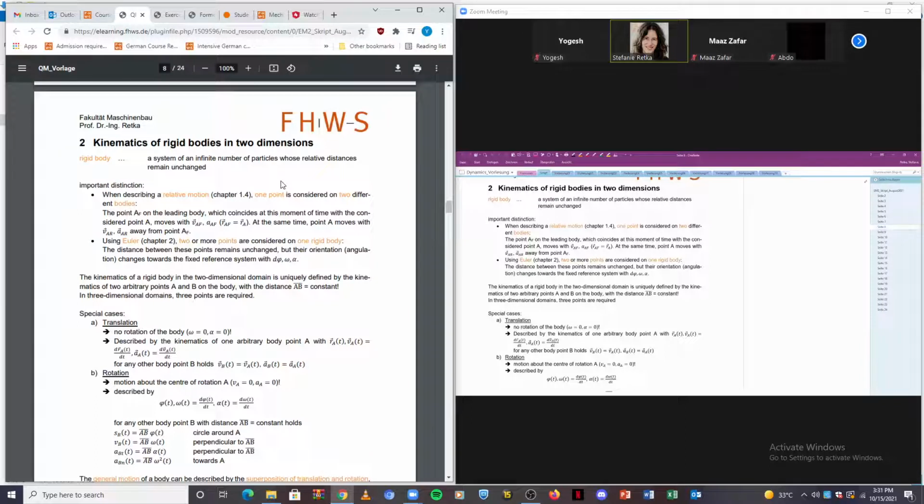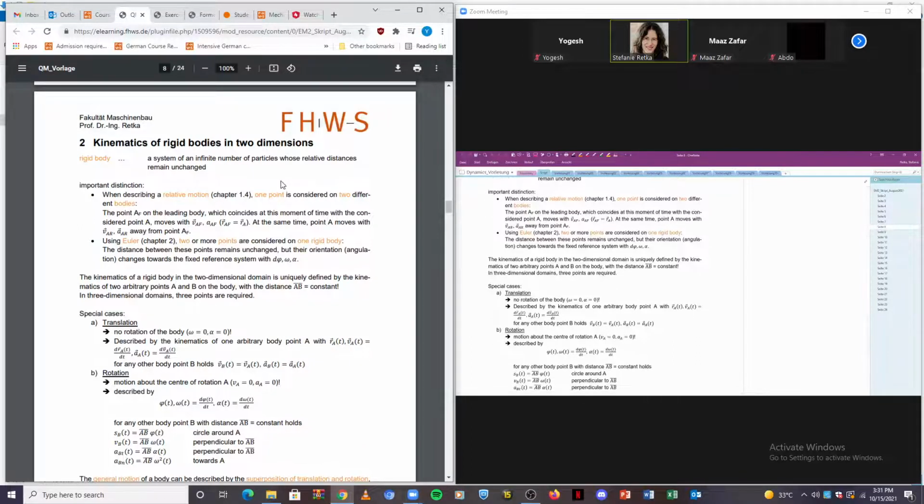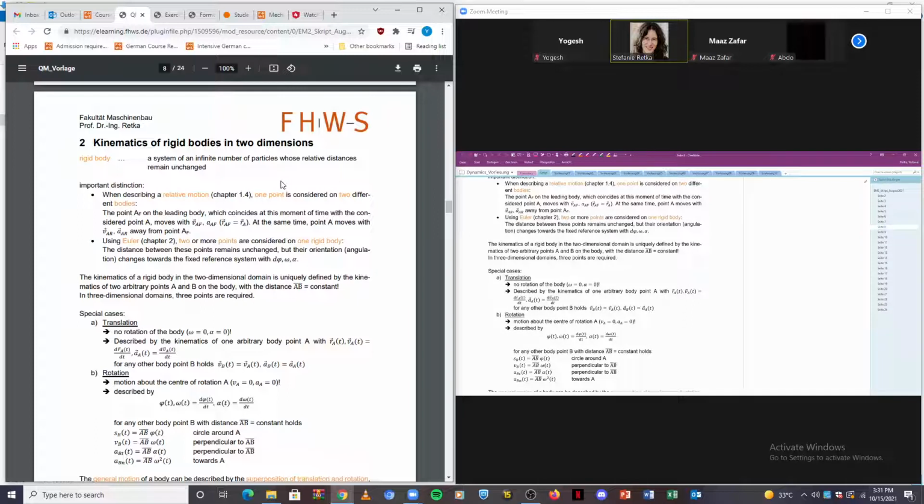Okay. And again, similar to chapter 1, we have 2 simple forms of motion that we can describe using our mathematical equations. The first one is the translation. In case of translation, we have no rotation of the body.